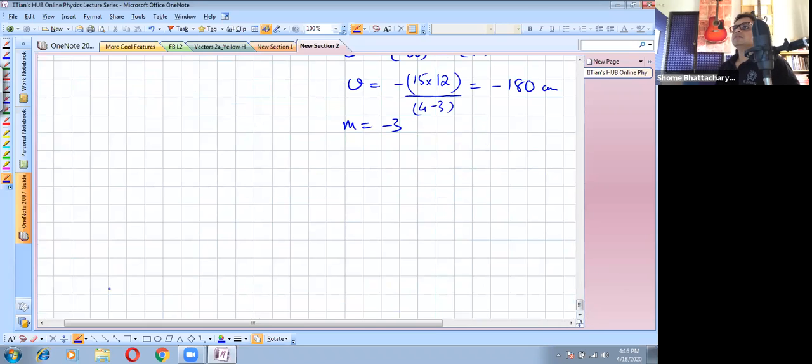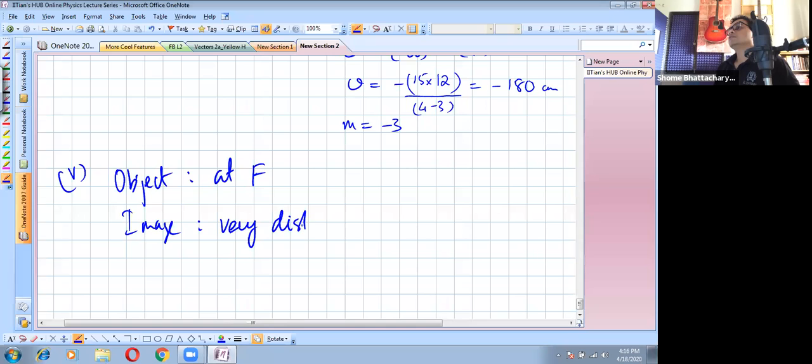So next point here, which I can say was probably 5. When the object is at the focal point, you will see that the image is very distant. Your V will tend to infinity. So it is not a clear image at all.